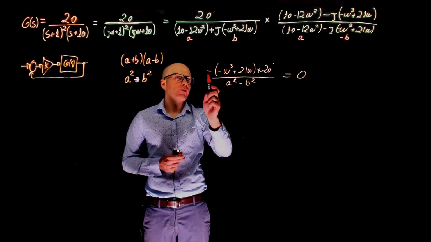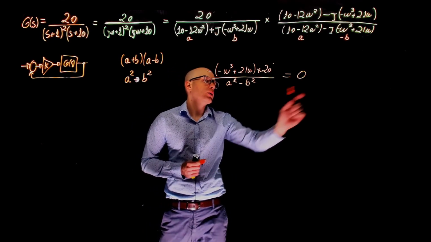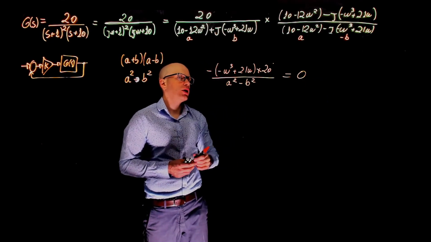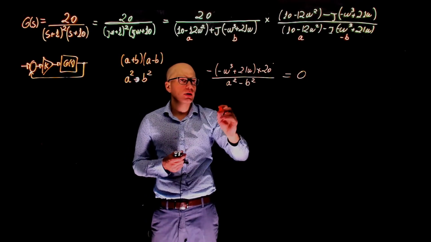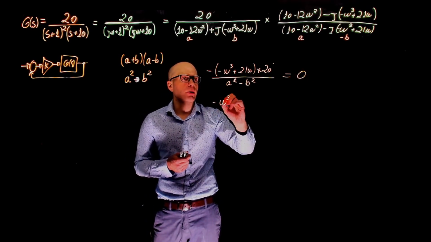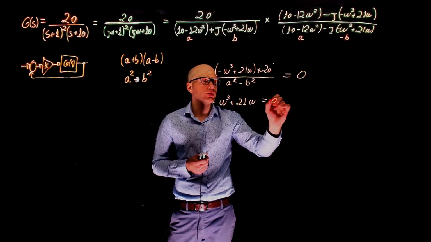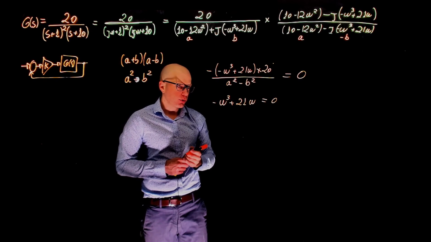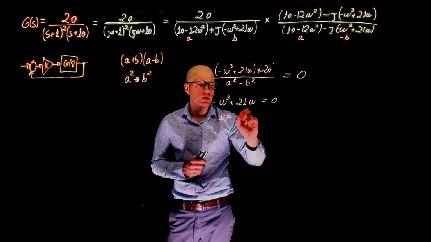So now we have negative 1 divided by a squared minus b squared. We can send that to the other side of the equation, even times 20. So the whole thing times 0 is 0. And we are left with negative omega to the power of 3 plus 21 omega equals 0. There are three solutions to this. The first one is clearly omega equals 0.